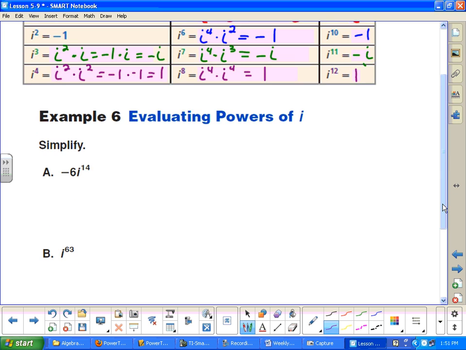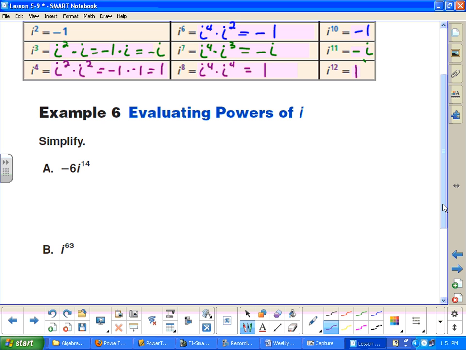So i to the 14th. Let's ignore the negative 6 for the moment. Let's look at i to the 14th. What's the multiple of 4 less than 14? Multiples of 4: 4, 8, 12, and then 16 is the next one, right?